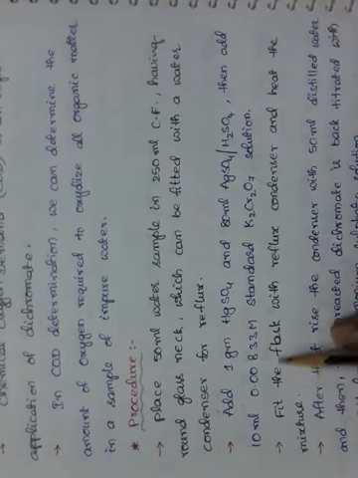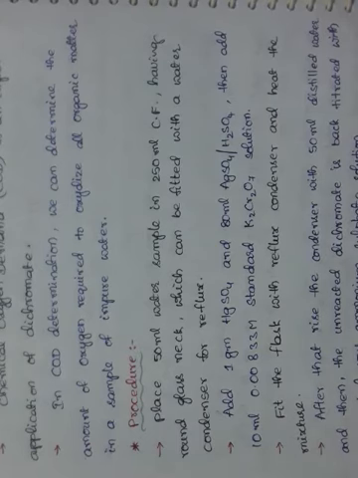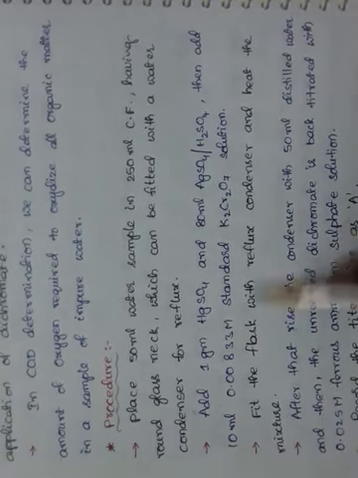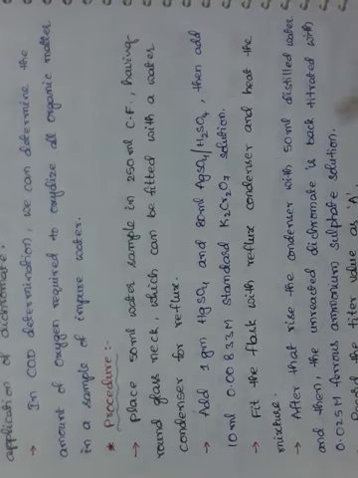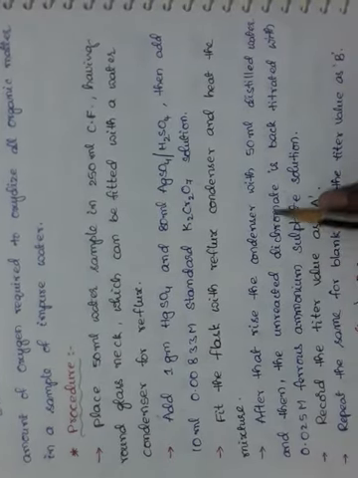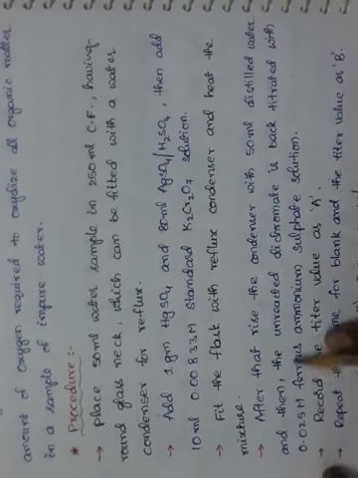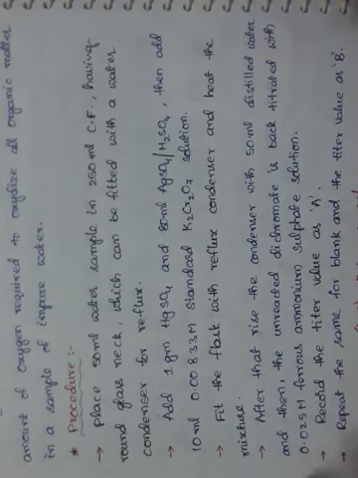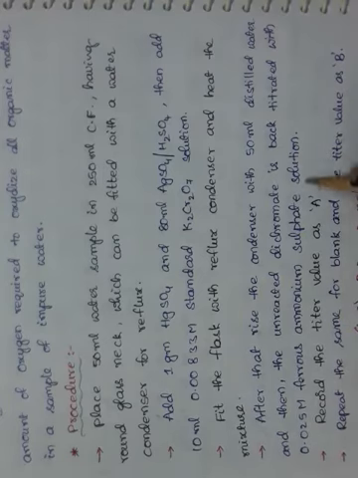Then add 10 ml of 0.00833 molar standard potassium dichromate solution. Okay. Very low concentration. Then fit the flask with a reflux condenser, you know reflux. Okay. Right. And heat the mixture. After that rinse the condenser with 50 ml distilled water, means add 50 ml distilled water. Then unreacted dichromate is back titrated with 0.025 molar ferrous ammonium sulfate solution. This is also a back titration method.